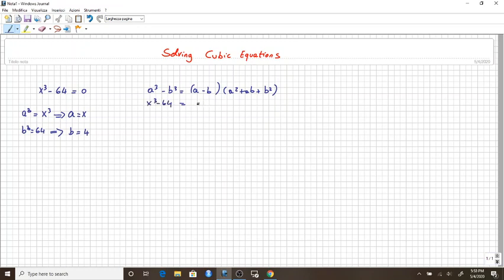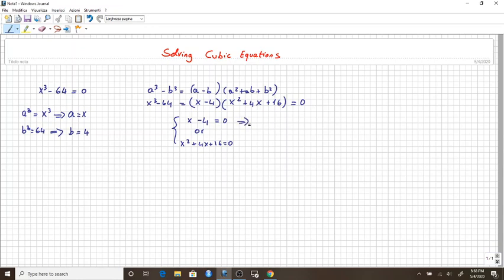So a minus b will be x minus 4, times the square of a, which is x squared, plus ab, which is 4x, plus b squared, which is 16, and we set this equal to 0. So the solutions are given by x minus 4 equals 0, or x squared plus 4x plus 16 equals 0.